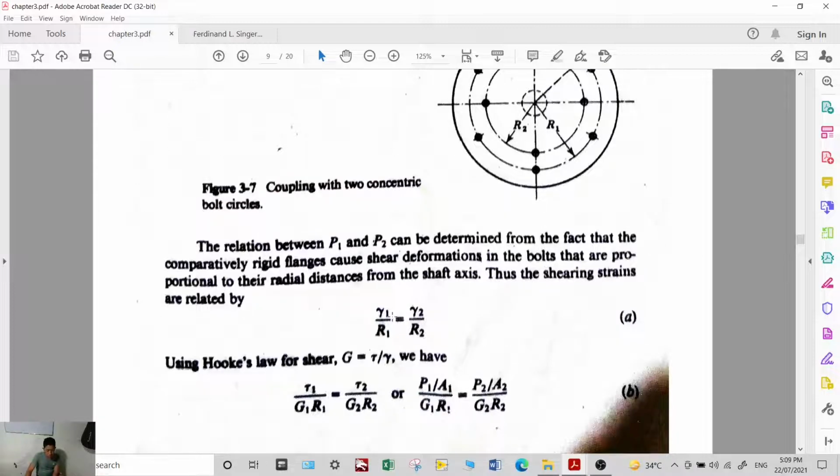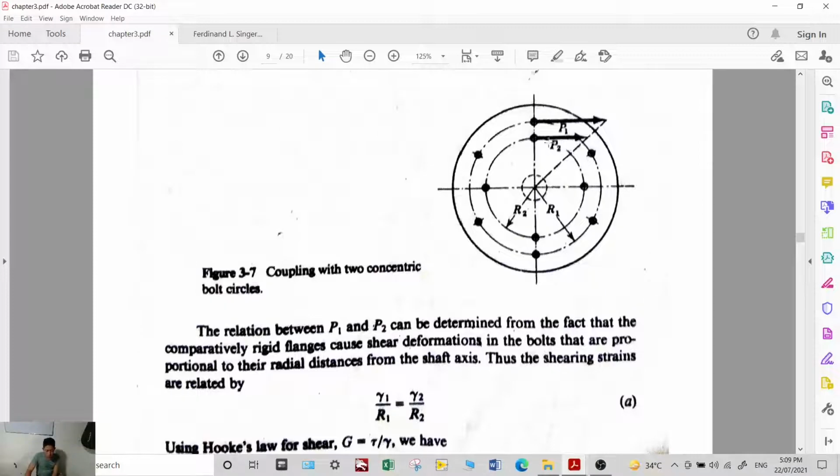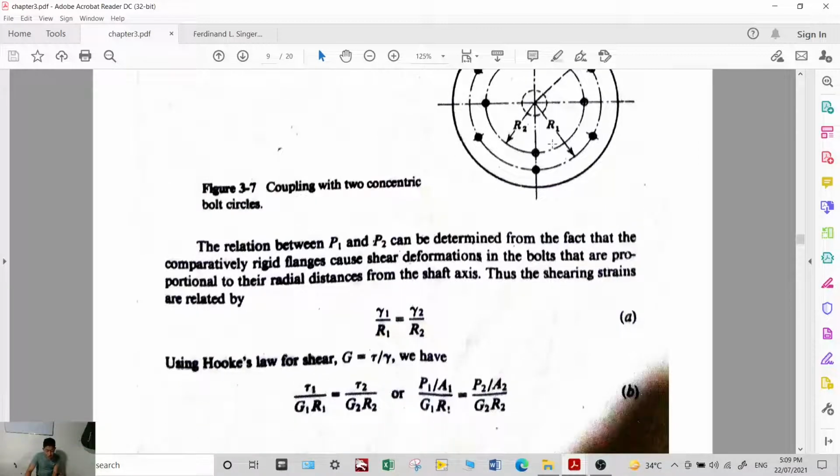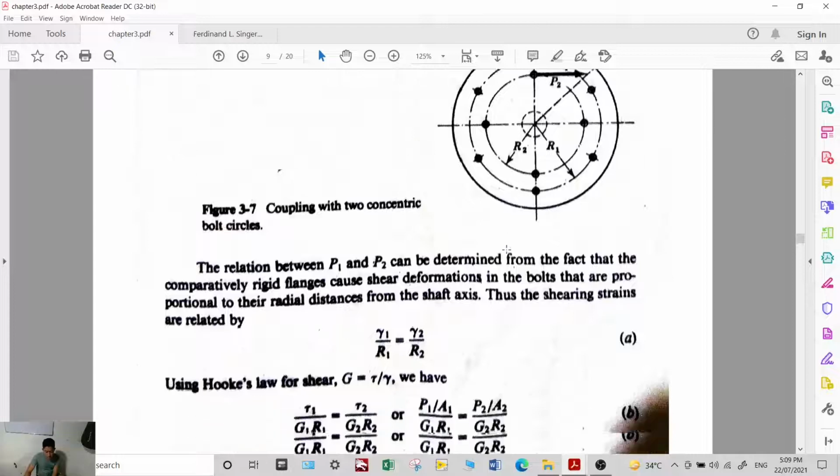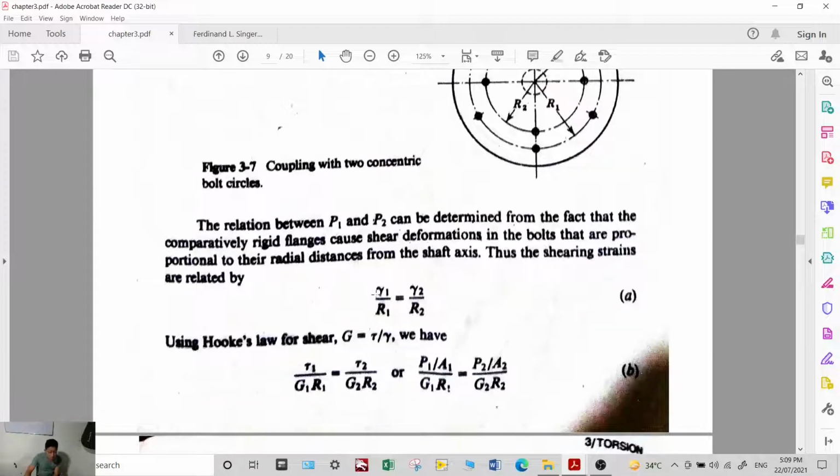Okay, so ang deformation daw sa imo ang bolt is, okay, lahi-lahi mo po ni sila force, therefore proportional sila, no? Mas dakong nag-force nga experience ang outer, okay, because of the mas taas ang radius. So you have gamma 1 over R1 is just equal to gamma 2 over R2.